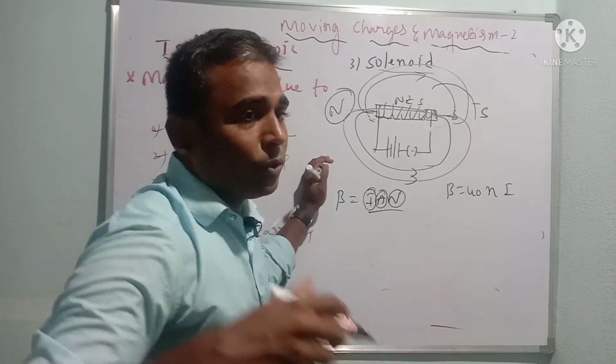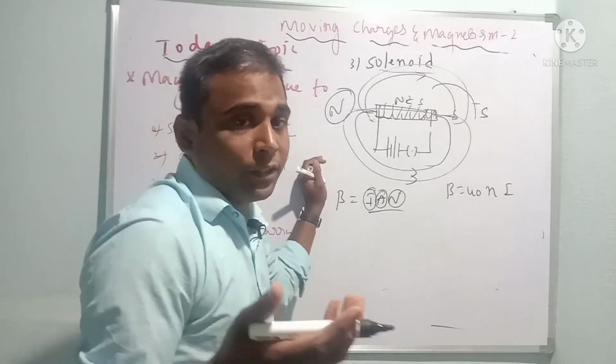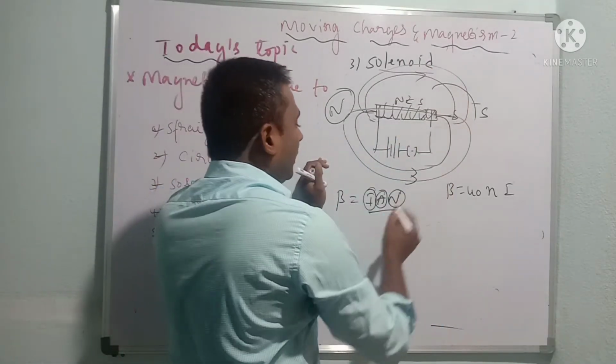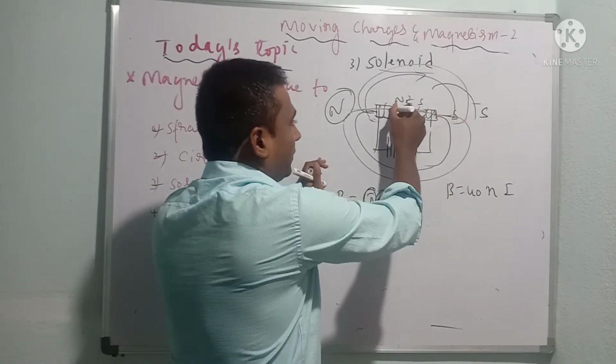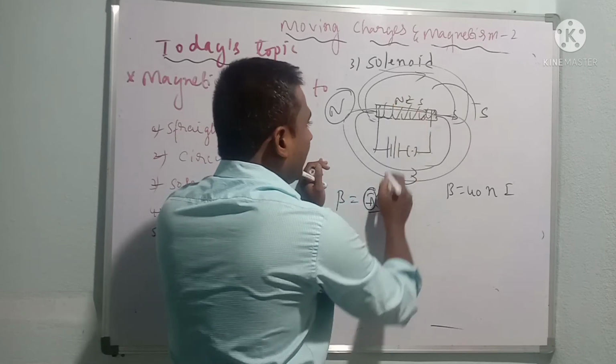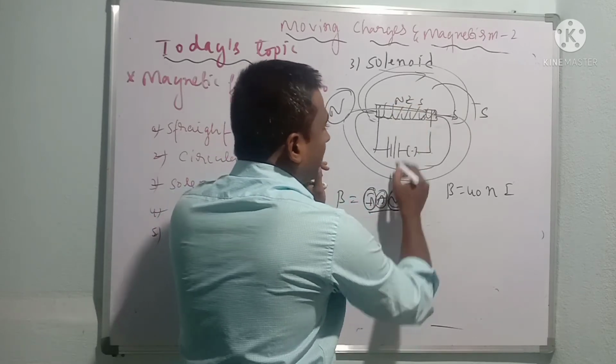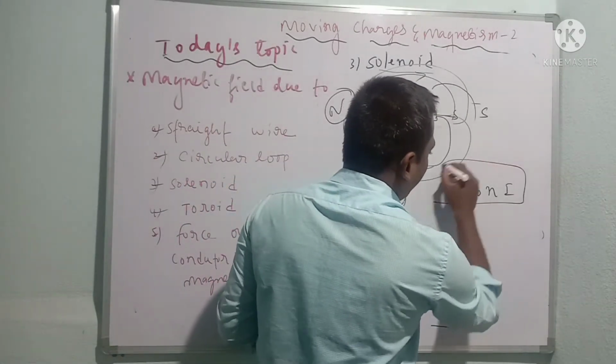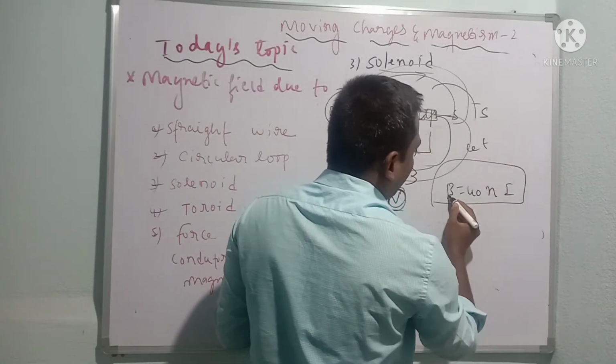Whether we produce a large or small magnetic field in this solenoid depends upon the amount of current passing through it, the area of the conductor, and the number of turns in the coil.